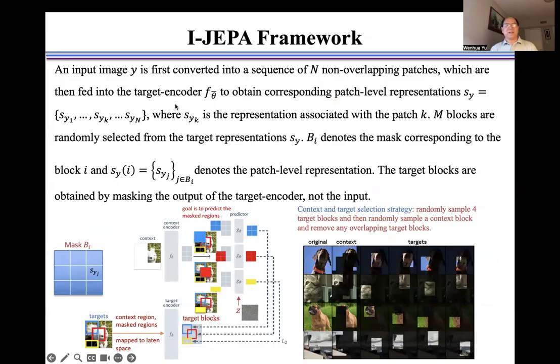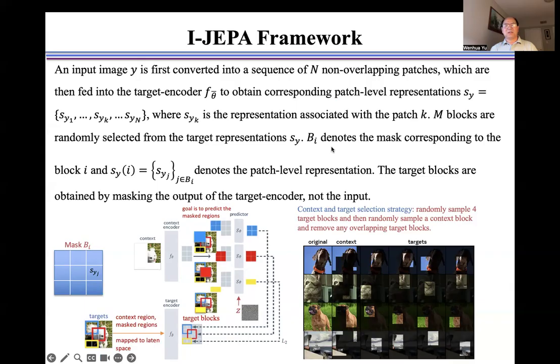Input image Y is first converted into a sequence of N non-overlapping patches, which are then fed into the target encoder f theta bar to obtain corresponding patch-level representations sY, where sY_k is the representation associated with patch k. M blocks are randomly selected from the target representations sY.